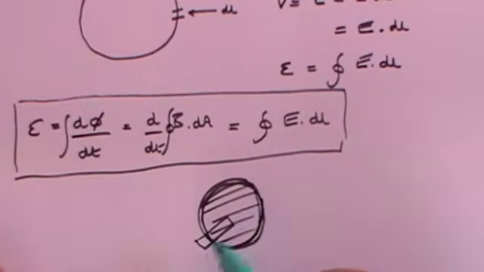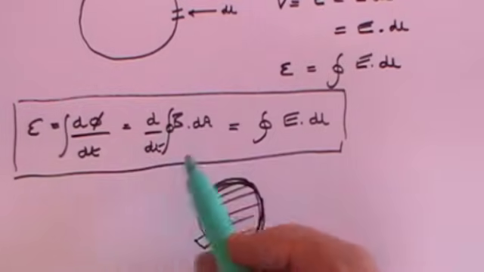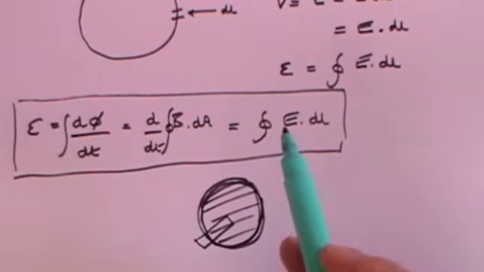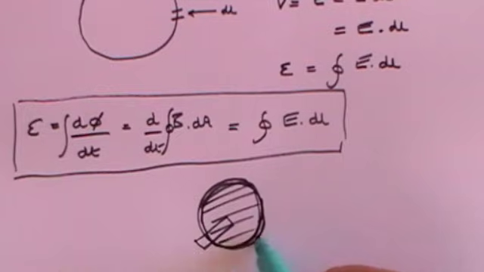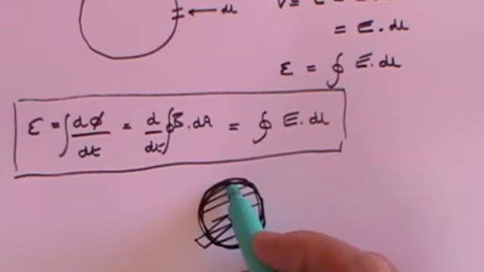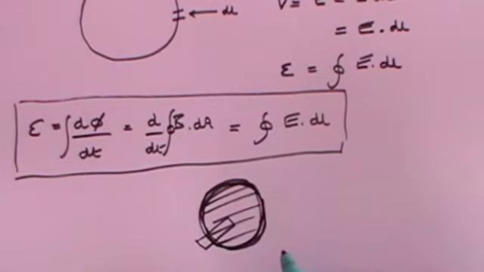So the magnetic flux going through the surface, which is essentially that term, is equal to the electric field round this closed loop. And that's what's called Maxwell's third law and Faraday's law.